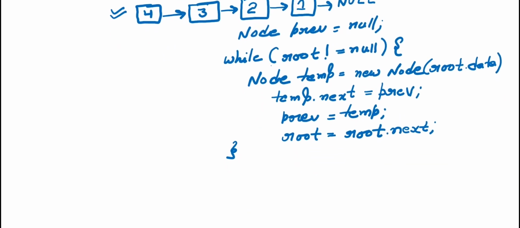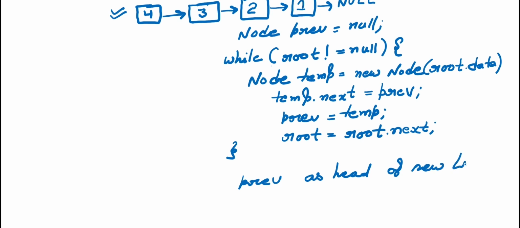So in this way, in the last, after this loop we will have previous as the head of the new linked list.